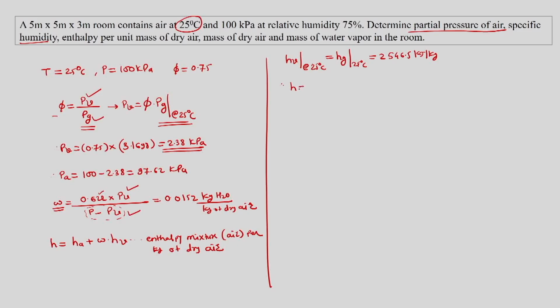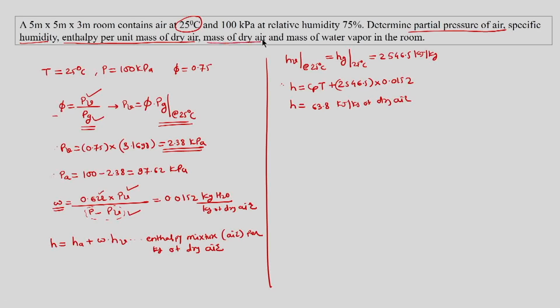So we have H is equal to Cp into T plus 2546.5 into omega, which we just found, 0.0152, and this gives us H as 63.8 kilojoule per kg of dry air. So we found the enthalpy per unit mass of dry air.